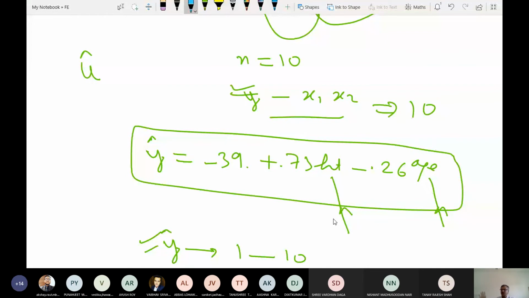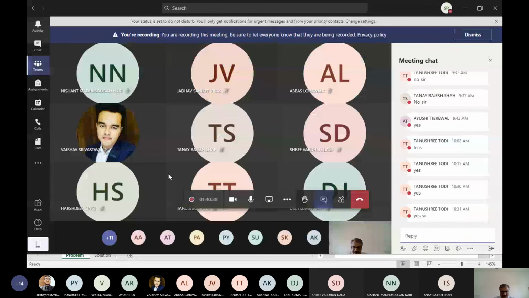A new person comes to the gym instructor and asks, sir, what should be my appropriate weight? Can you suggest? Then the instructor will ask, what is your height and age? Suppose I have made a macro in Excel and I have keyed in height and age and I have got a value of Y. So that Y is the predicted value of Y. So I'm interested in making use of the model which I have made.